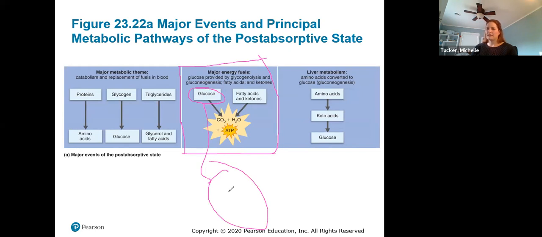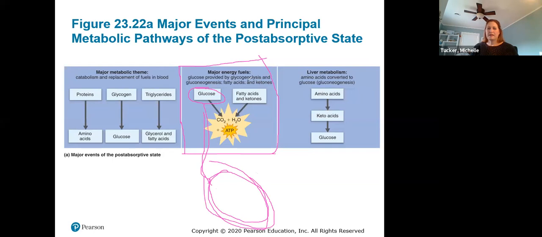So we can never, in any of our cells, just go to fatty acids. It's called fatty acids burning in a carbohydrate flame. We always have to have some breakdown of glucose to feed these intermediates.